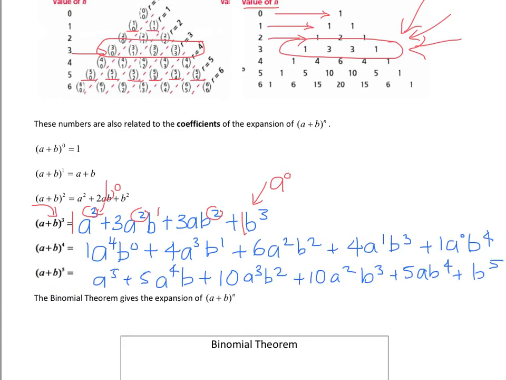Okay, so for a plus b to the 4, we have explicitly shown that each term contains a coefficient from Pascal's triangle. So in the first term we have 1, then a to the 4, b to the 0, plus 4, a cubed b to the 1, and so on down the line.